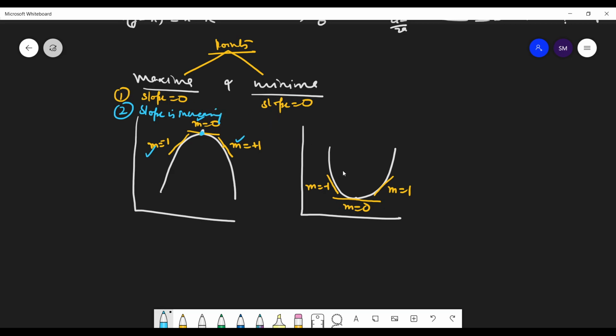And here the slope is, students, I have written it. See, this is +1, a positive slope, and this is a negative slope. So here the slope is decreasing.